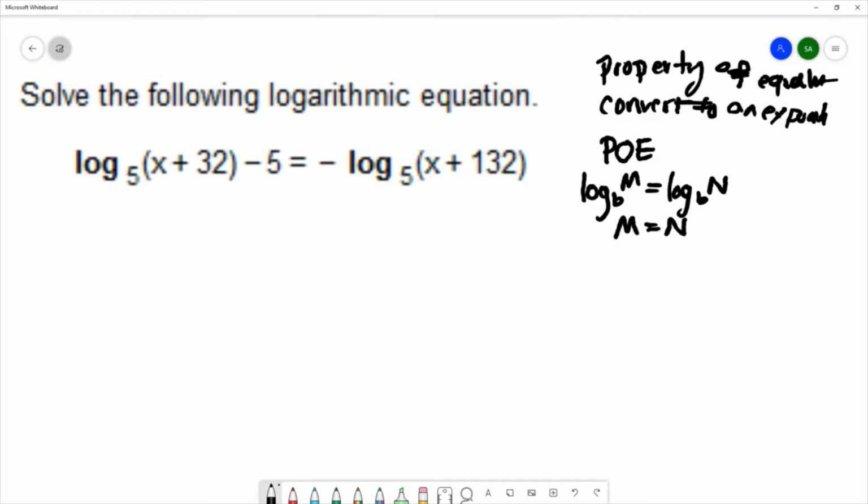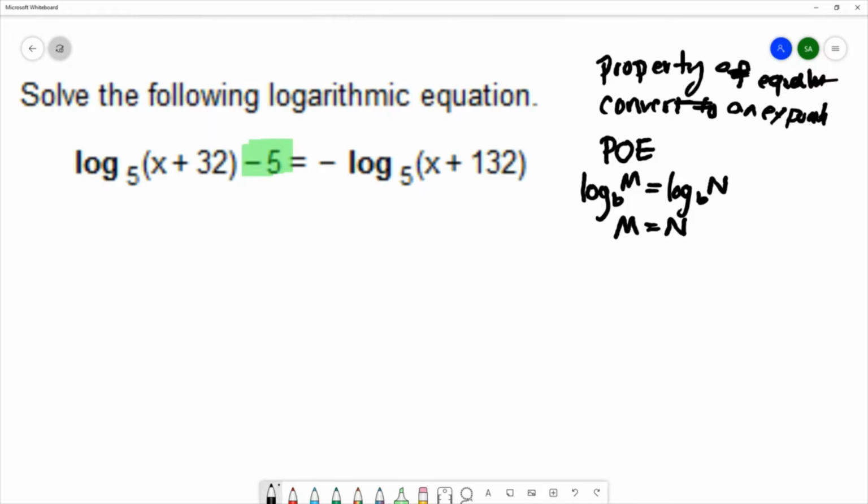As I look at this example, this minus 5 doesn't have a log on it, and so I'm not going to be able to write log base 5 alone on the left and log base 5 alone on the right. So I'm leaning towards using the other method, which is to convert to an exponential.